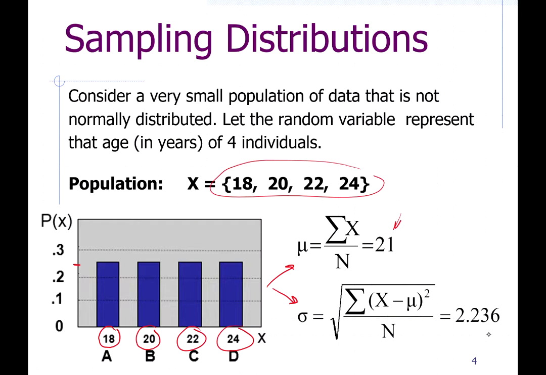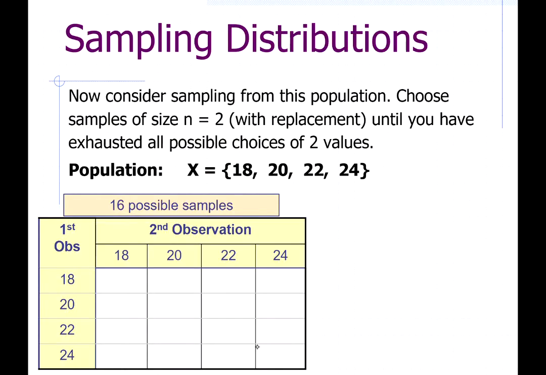So now let's look at all possible samples of size 2. And like I said earlier, there are going to be 16 possible samples because we have 4 possible values for the first value in our sample and 4 values for our second. Okay, so for example, 18 and 18, that's one possible sample. 18 and 20, that's another possible sample, and so on.